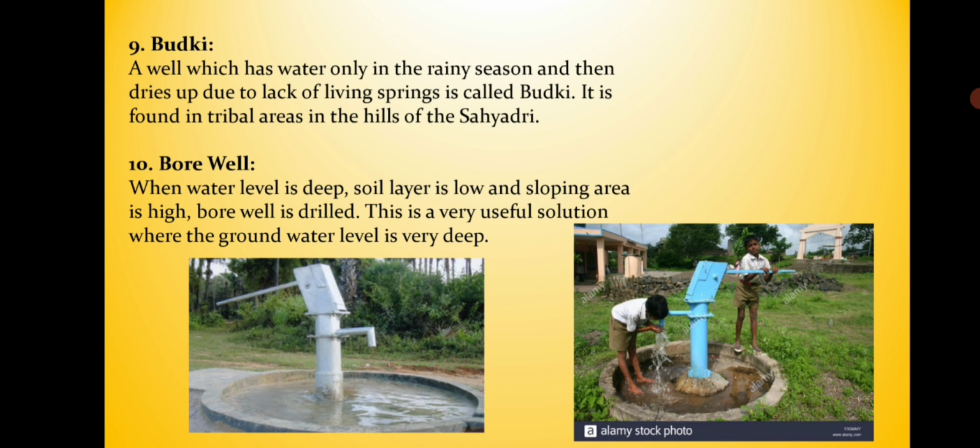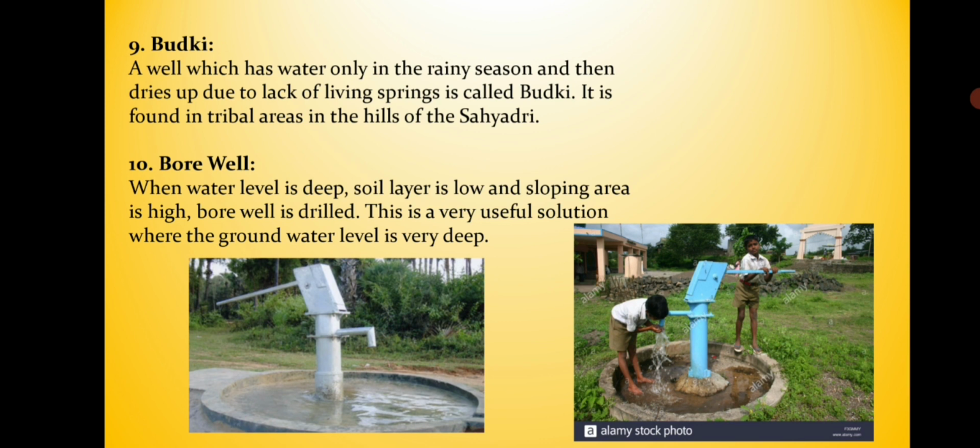Next is a bore well. When groundwater level is deep, soil layer is low and sloping area is high, bore well is drilled. In this, by selecting the right place, then digging by machine and going to a reservoir, the water storage is being used.